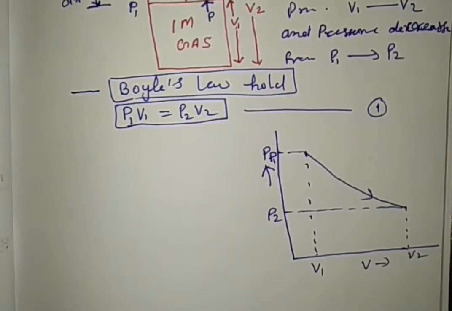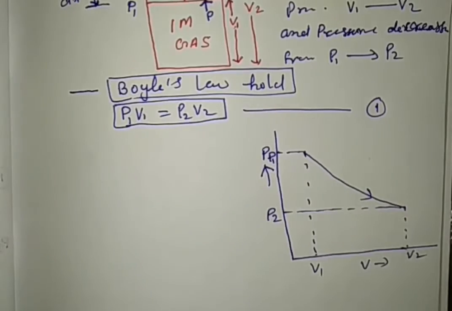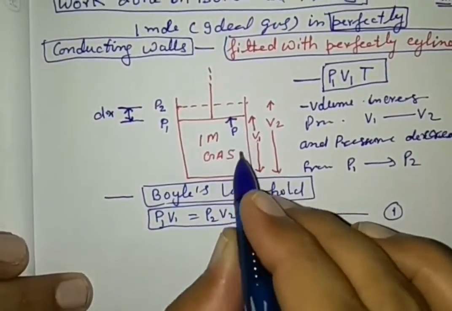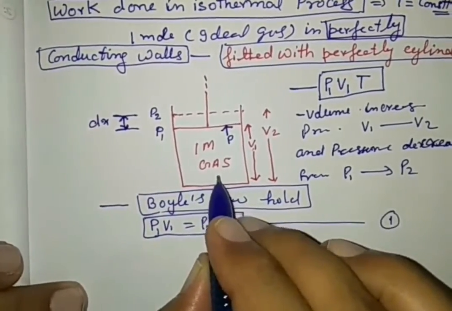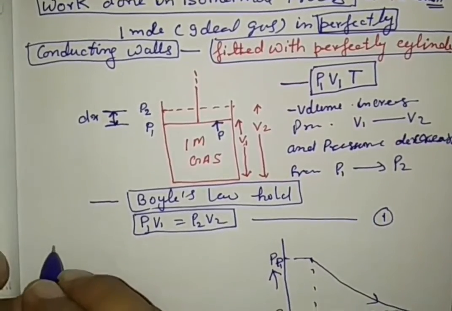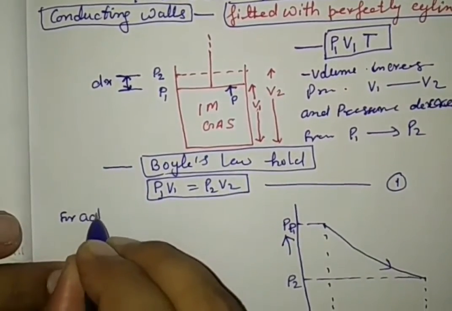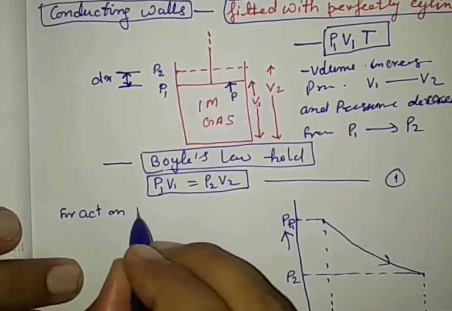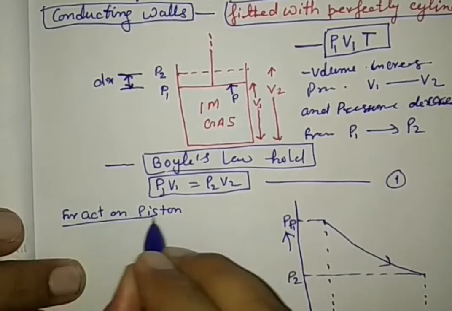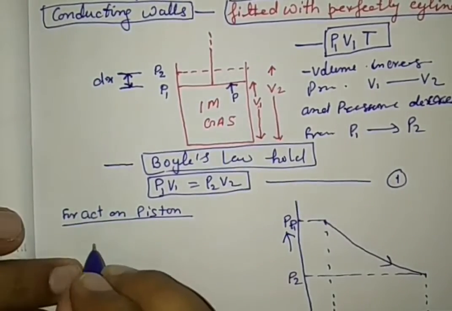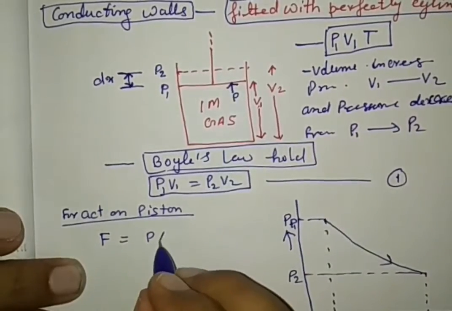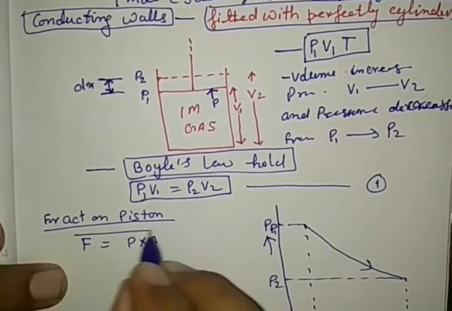See here one more thing. Pressure acts due to absorption of heat from the surroundings, so force acts on the piston. This force acting is equal to pressure into area of the piston.